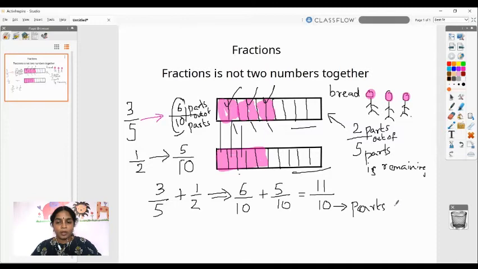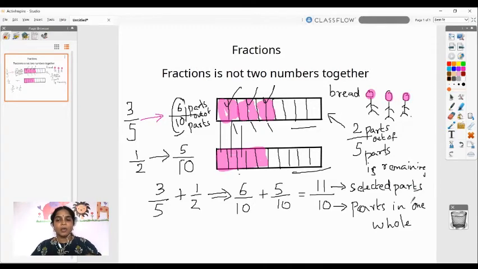The bottom denominator always represents how many parts are there in one whole bread piece. Correct? And the top numerator always talks about how many parts are selected.